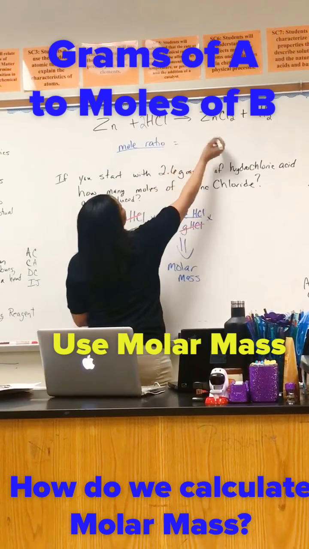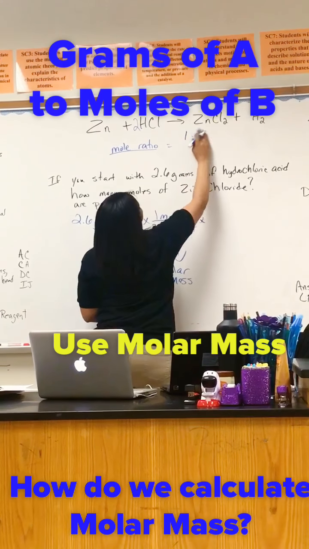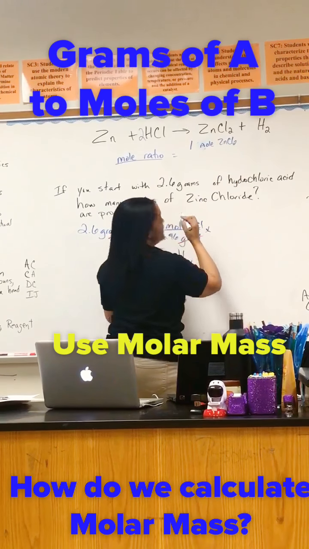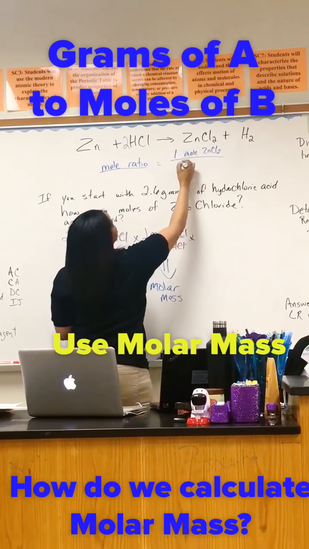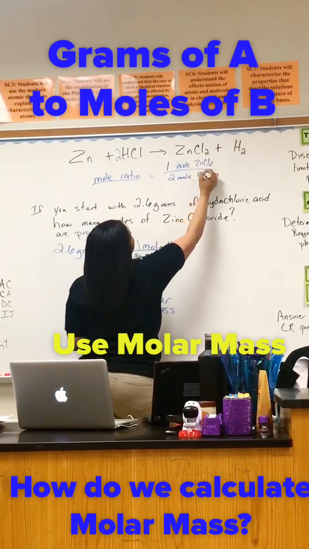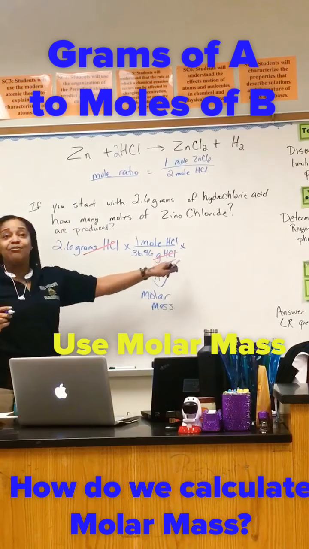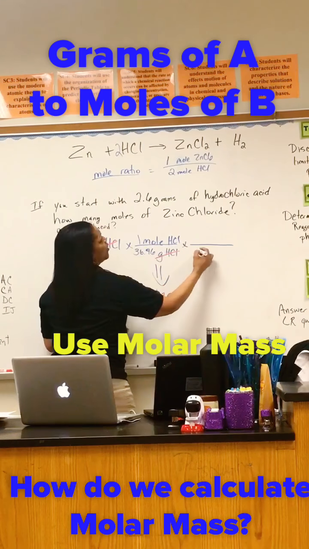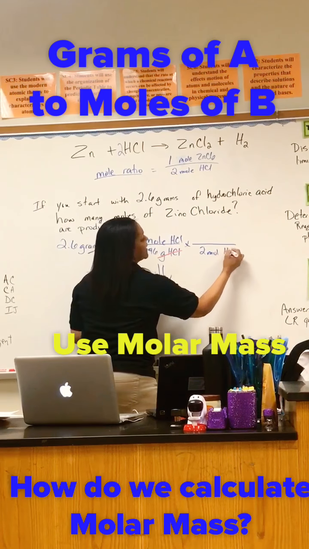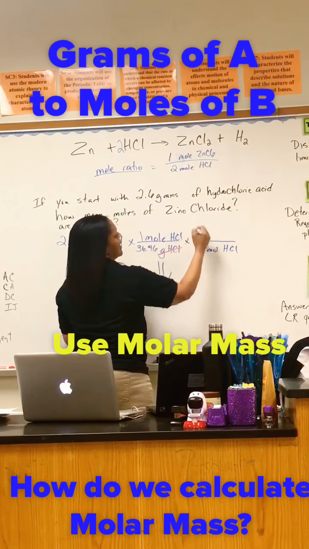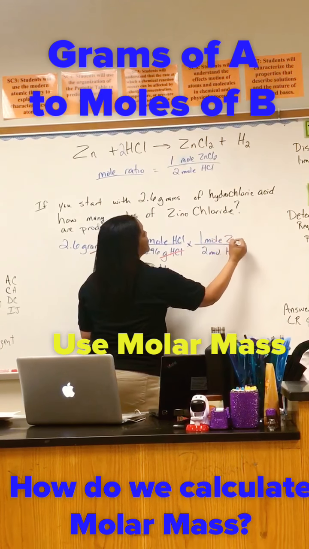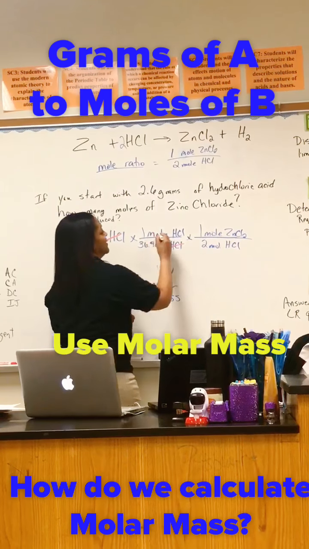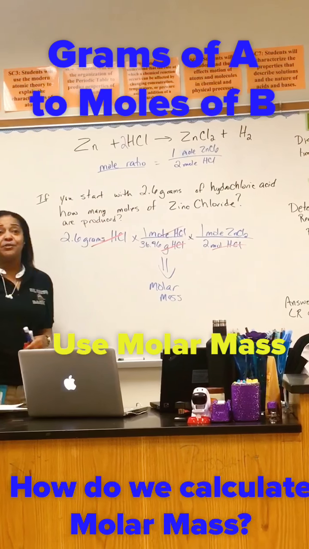So I'm going to say there is what? 1 mole of zinc chloride for every 2 moles of HCl. And I already wrote it the correct way, didn't I? Yep. So I'm going to put my 2 moles of HCl on the bottom and my 1 mole of zinc chloride on the top. And guess what, guys? We are done. Now we just have to do the math.